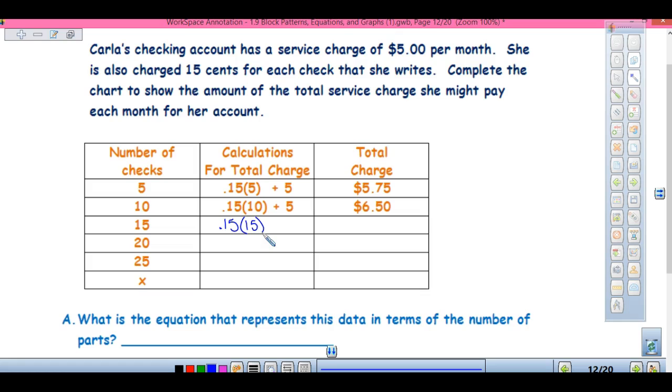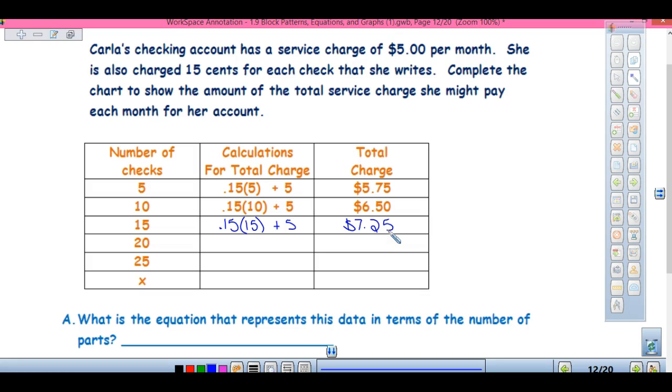So in your calculator, you're punching 0.15 times 15. And so $2.25 just for writing checks, plus she's got a $5 service charge. So she's being charged $7.25 just for using her checking account.